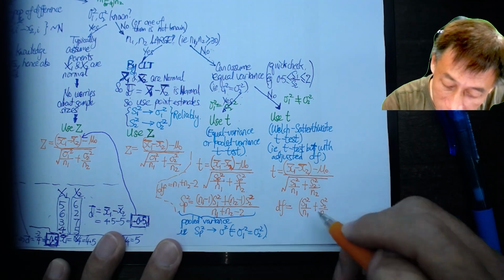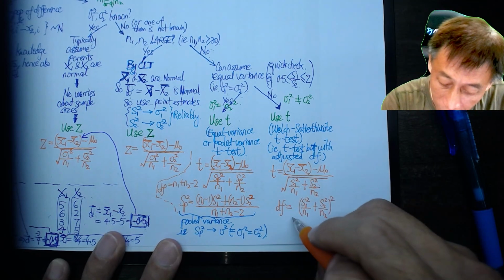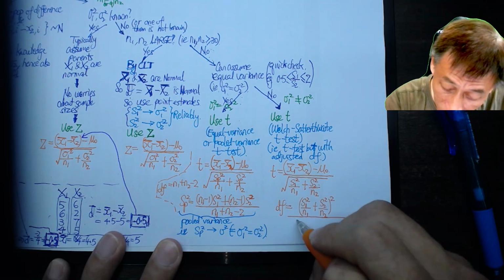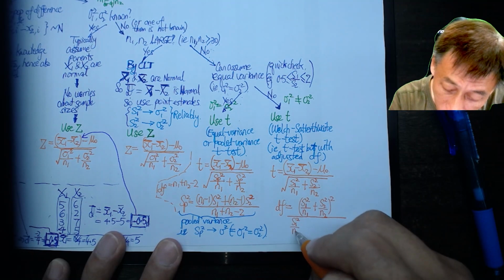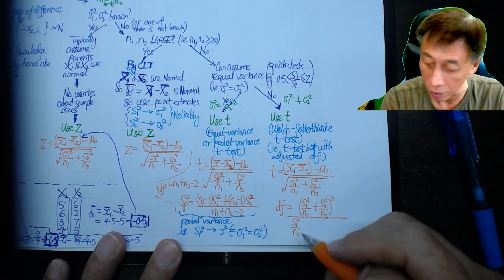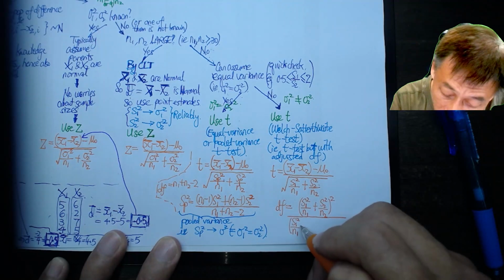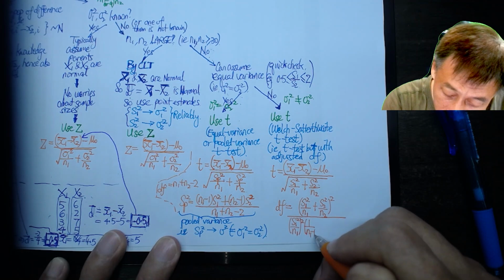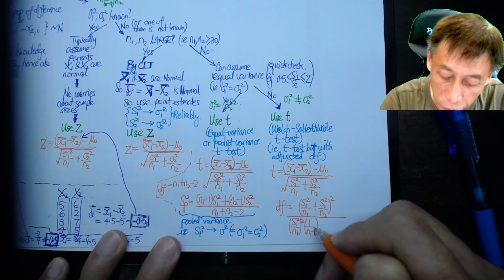Then you square it some more. And then you divide by the same thing, S1 square over n1, so you make a copy of this, square it, times 1 over n1 minus 1, which is the degree of freedom for x1.